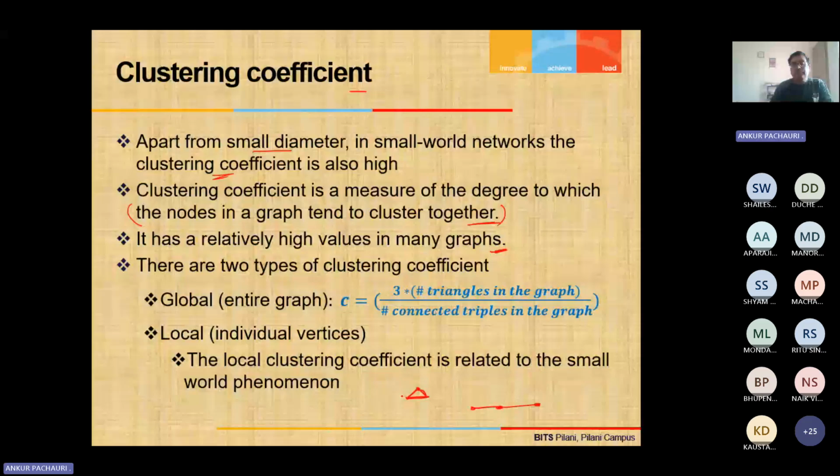So this contains triangles plus triples. This is the denominator, so that's why this will be the normalizing factor. And the numerator will be the number of triangles. So total number of triangles upon total number of connected triples in a graph, which include the triangles and the open path of length 2.